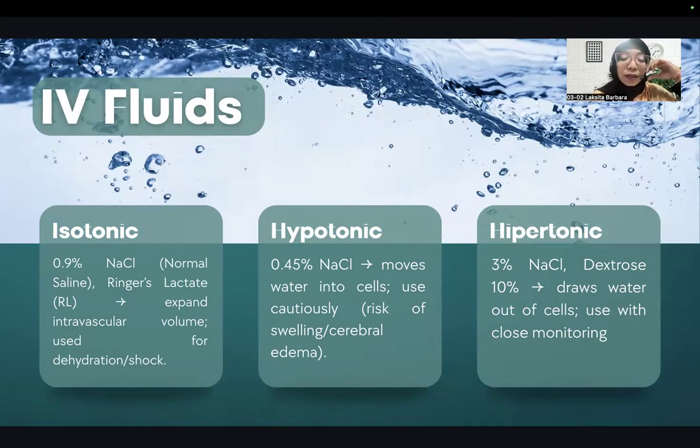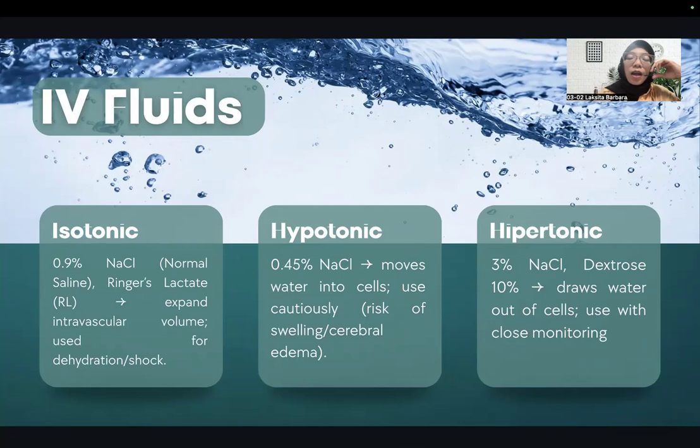Isotonic means the tonicity of the fluid is almost the same as the tonicity of our body fluid. So the function of this isotonic fluid is to expand the intravascular volume, and it is commonly used for fluid resuscitation.